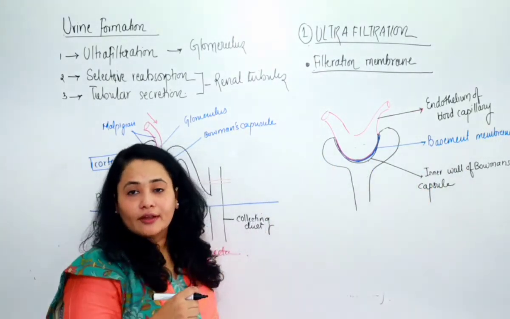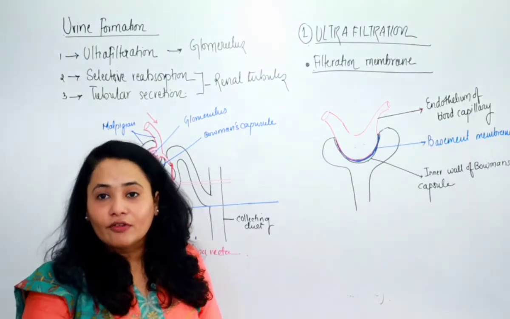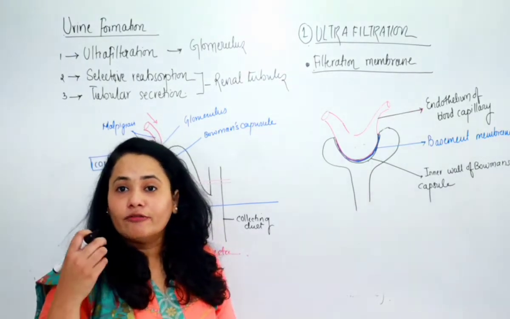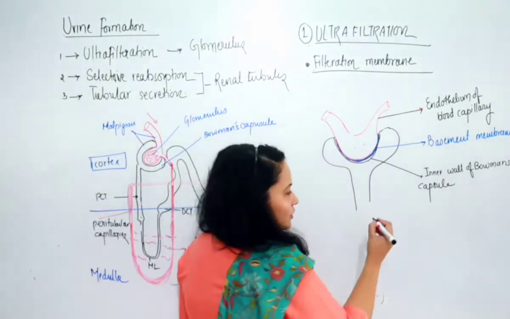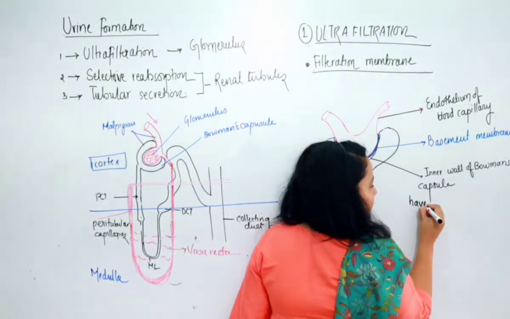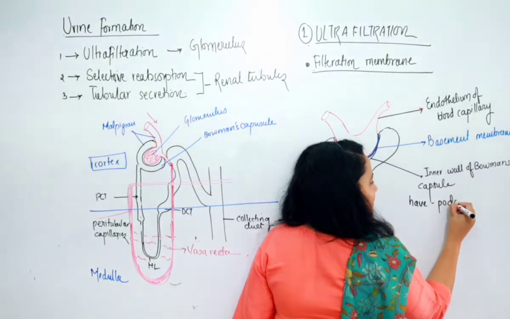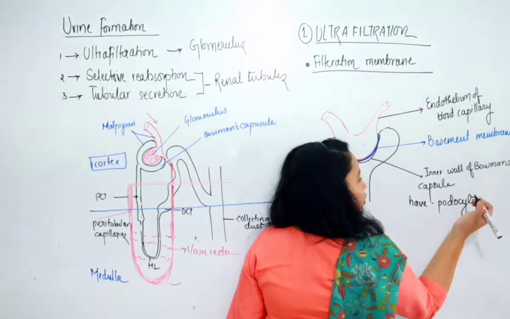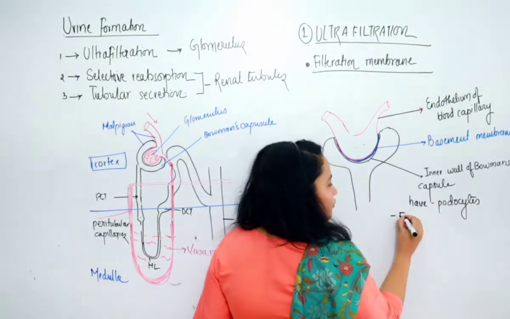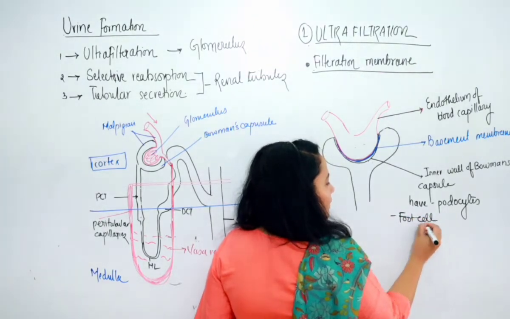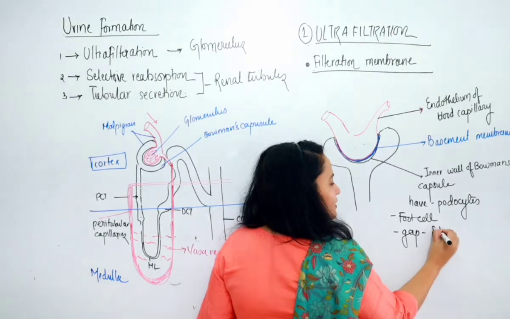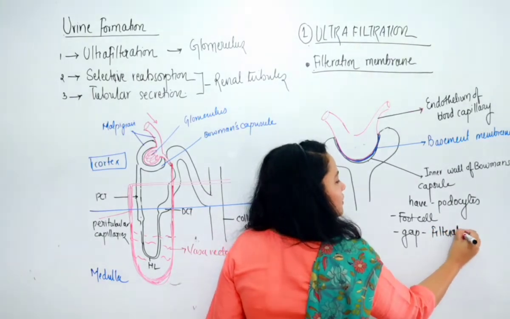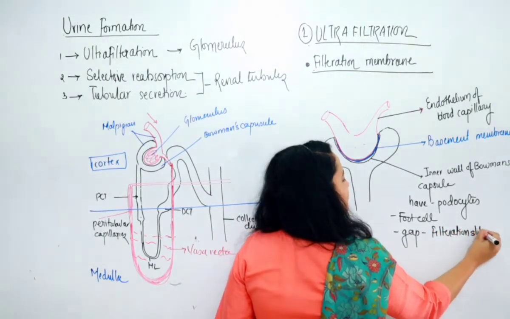And we also know that this third layer is having certain cells called foot cells, or we call them podocytes, right? So these have podocytes, which we call foot cells, having a gap between them, and that's what you call filtration slits.